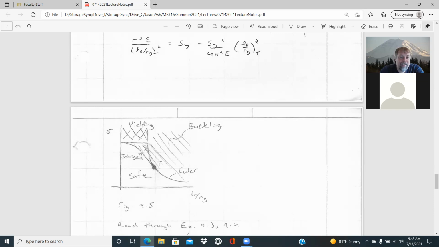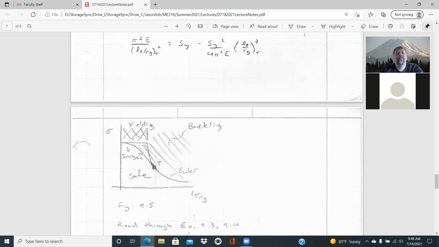If you're in this area, it would be failing by exceeding the Johnson criteria for short stubby beams. And this then kind of represents the critical stress.